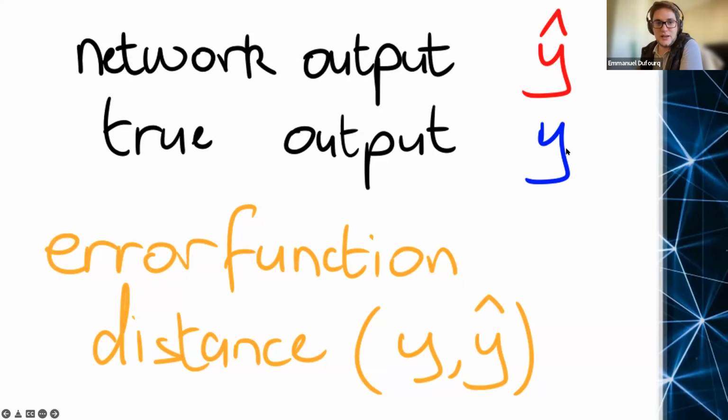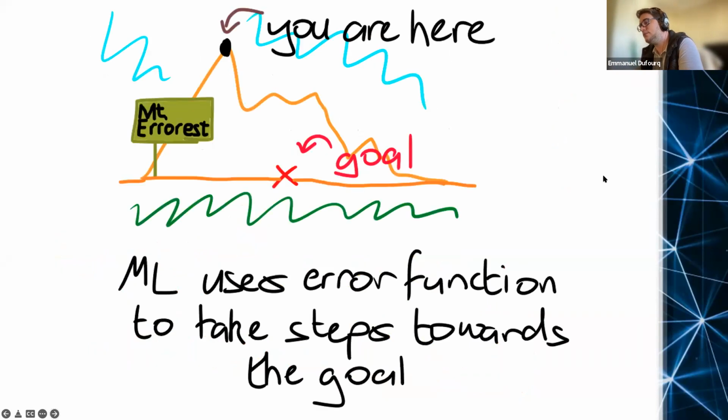So we need some kind of function that will map between y hat and y. So you can think of an error function as a distance function. How far is the model output from the correct value? Is the model output very far from the correct value, or is the model output very close? So you can think of an error function as a distance. How far is the model from the correct value?